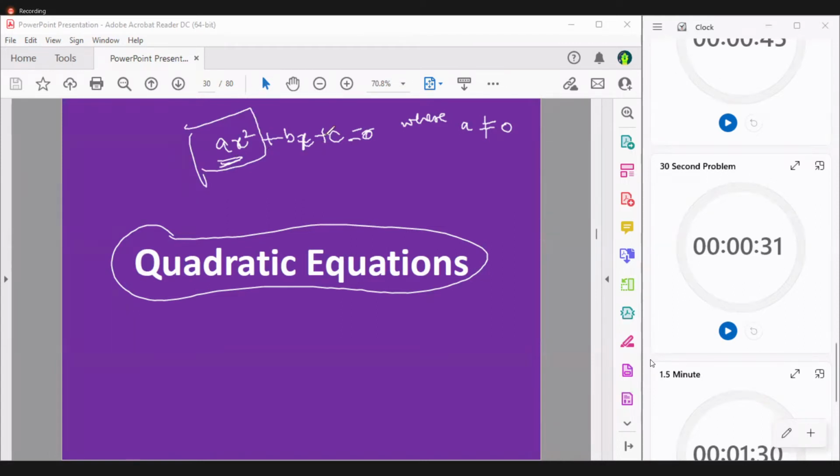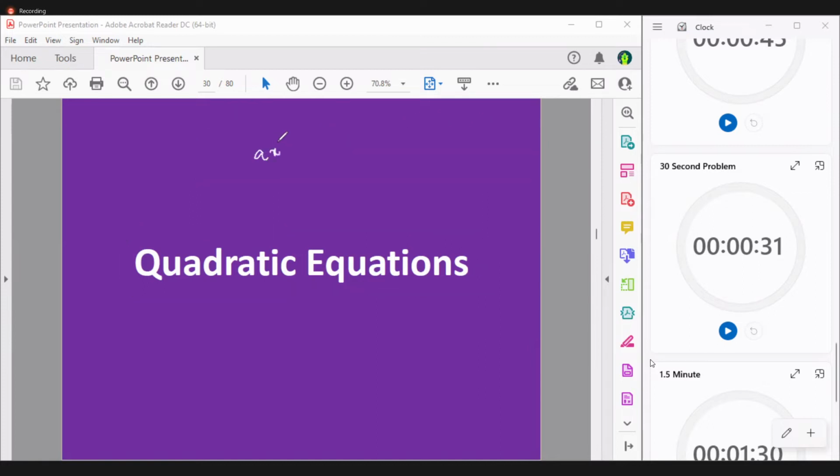For an equation to be called a quadratic equation, it is imperative that the highest degree of that equation is 2, neither more nor less. In the basic format of the equation, a is the coefficient of x square, b is the coefficient of x, and c is known as the constant.